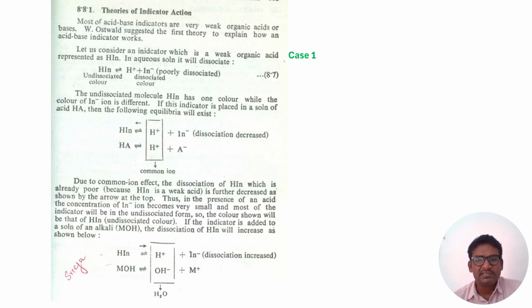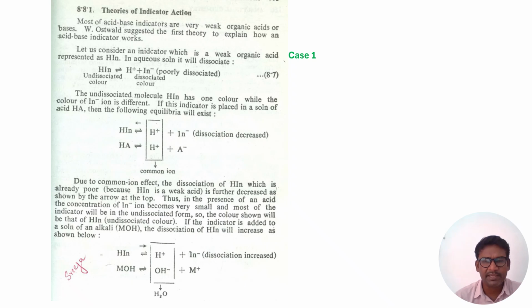If the indicator is added into a solution of alkali instead of acid, then the dissociation of HIn will increase as shown below. See, look at here, this HIn gives H+ plus In-.